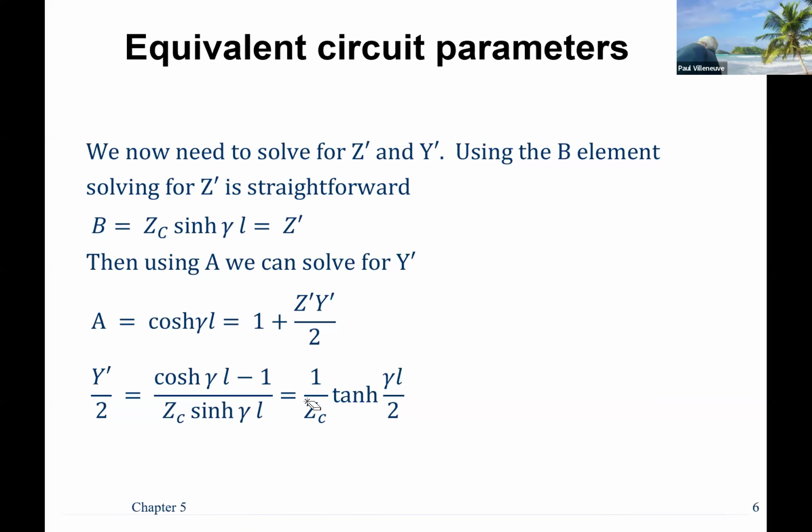So I'm going to do a little bit of math, and I'm going to end up with Y prime over 2, because again, I'm trying to solve for Y prime and Z prime. That's going to be equal to hyperbolic cosine gamma L minus 1 over Z sub C hyperbolic sine gamma L, and that's equal to 1 over Z sub C tangent hyperbolic of gamma L over 2.